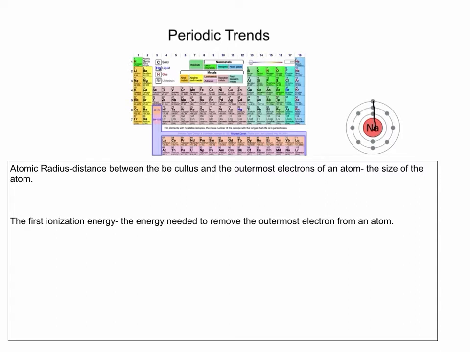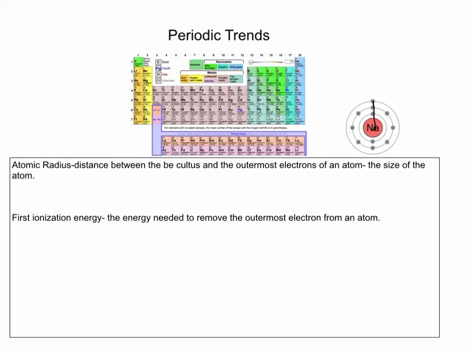And it's important to remember that in order to remove an electron, to make an electron jump from a low energy level to a higher one, energy has to go in. So what we're trying to do is take this outermost electron and actually make it leave the atom. So the first ionization energy is the energy needed to remove this outermost electron, the one farthest from the nucleus.